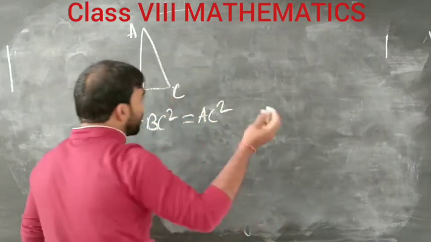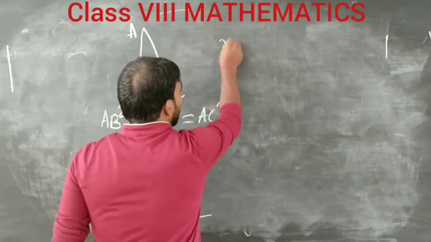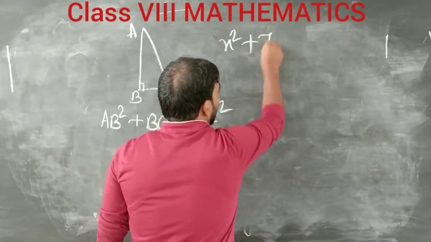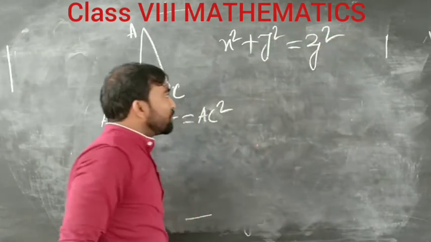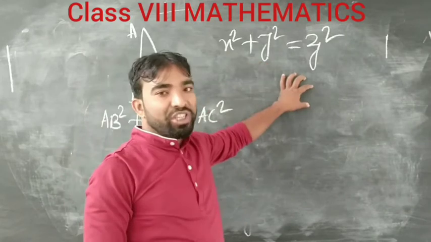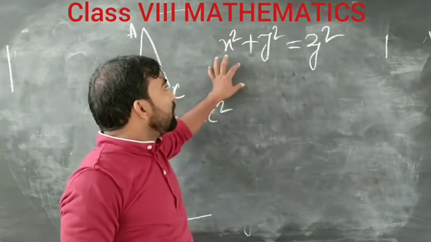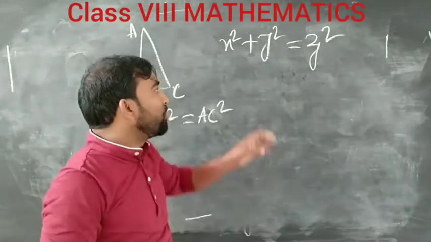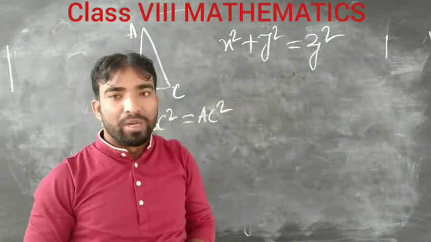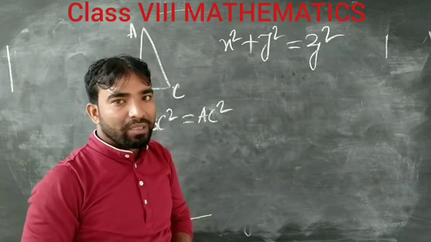We can explain more easily like this: x square plus y square equal z square. So x, y and z, three numbers are there. Any one of these three will be given in the question. You have to find the other two numbers.